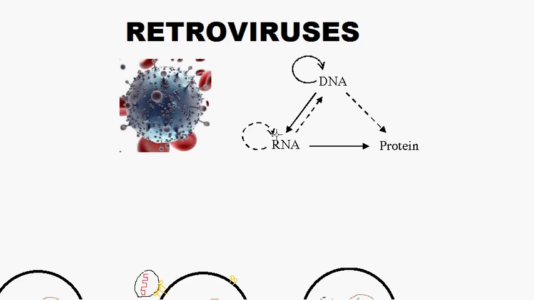They have special names. When DNA is converted to DNA, we call it replication, or more specifically DNA replication, and it occurs in almost all cells.